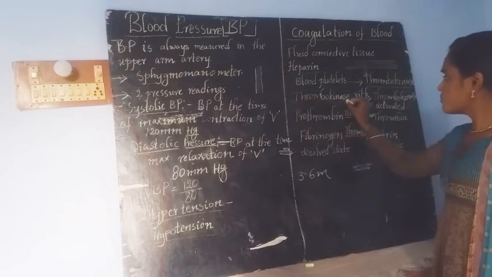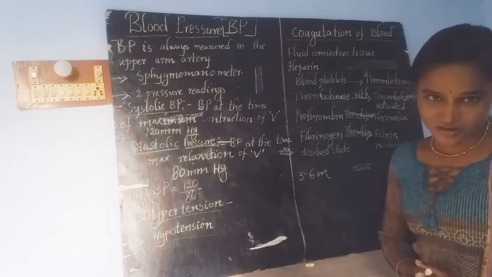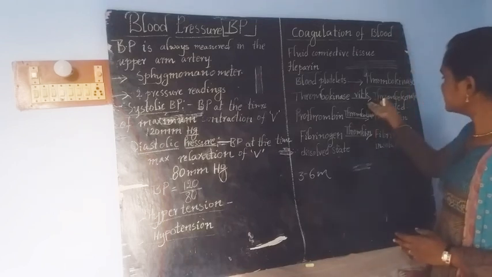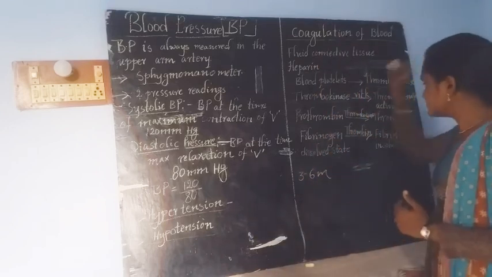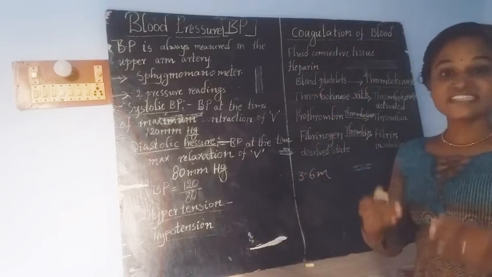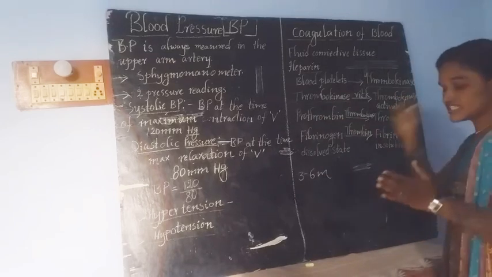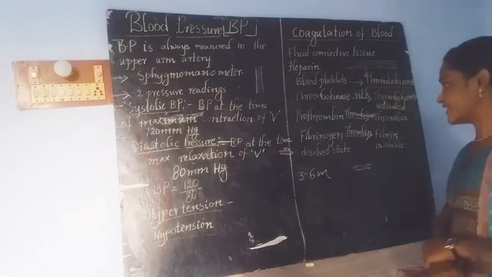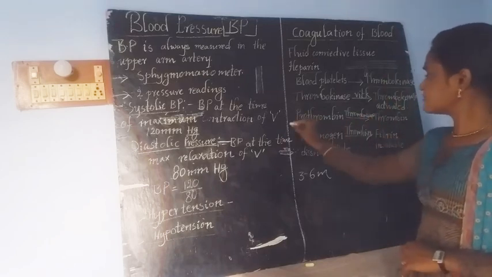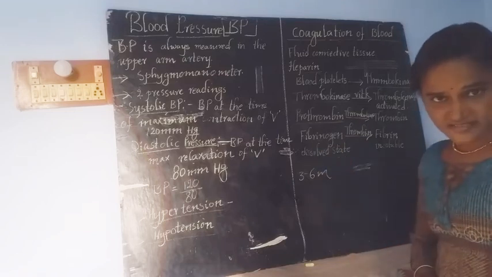This thrombokinase enzyme, whenever it contacts vitamin K, gets activated, and that activated thrombokinase changes a substance present in our blood. In our blood we have different substances.